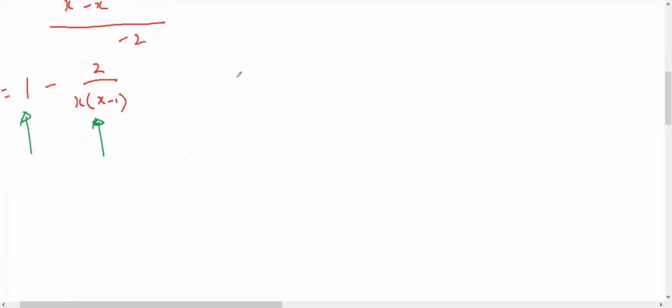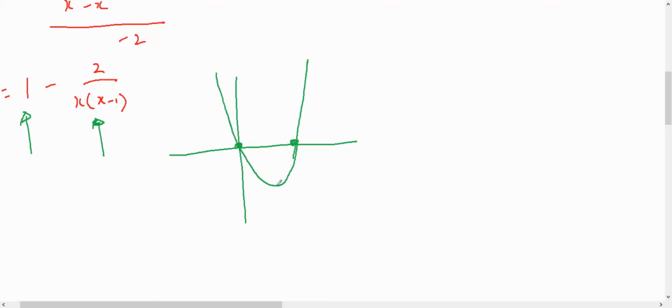That would be a parabola that goes through at 0 and at 1 and is positive. So this point here is at a half. So a half minus 1 is a half times negative a half, it's negative a quarter.